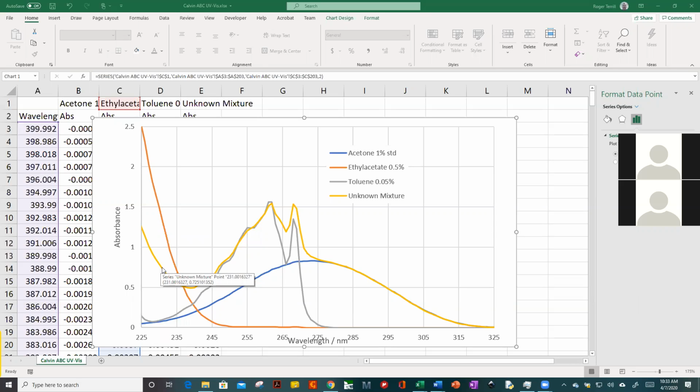If we look at this absorption here, say this 0.75, we'd say it could be exactly half of the standard here, but it actually has to be different than that because there's also some acetone and toluene in there, right? So these two components are present at this wavelength as well.